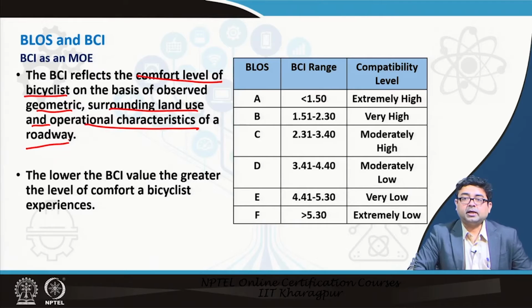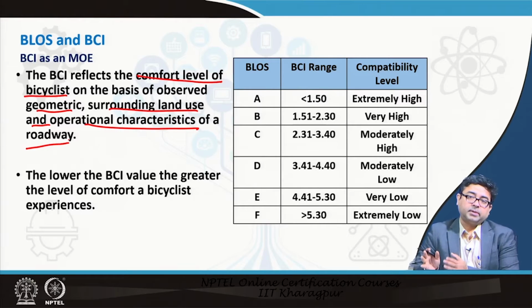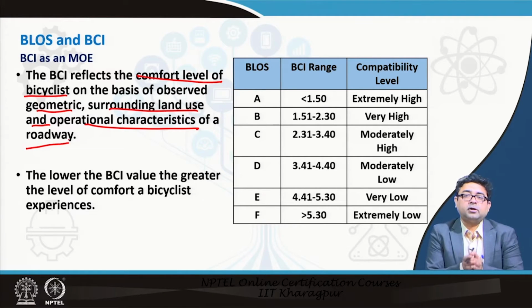So, in a sense it is taking a holistic picture of what a bicyclist may encounter while riding a bicycle on the roadway. These are not for dedicated bicycle paths or shared use paths which pedestrians can also use. These are purely for bicycle lanes that are on the streets, sharing the right of way with the other motorists on the road.